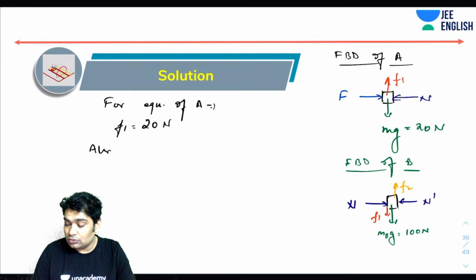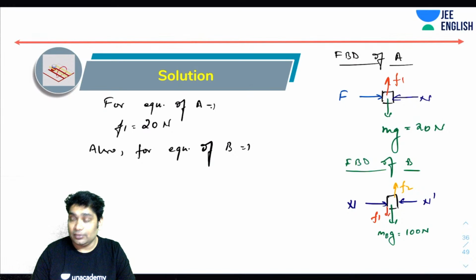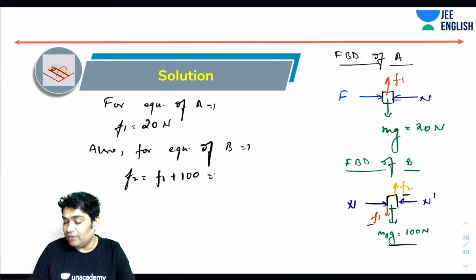Also, for equilibrium of B, what can I say here? That the upward force F2 should be equal to F1 plus 100. F1 I see from here is 20. The answer is 120 Newton, in fact.